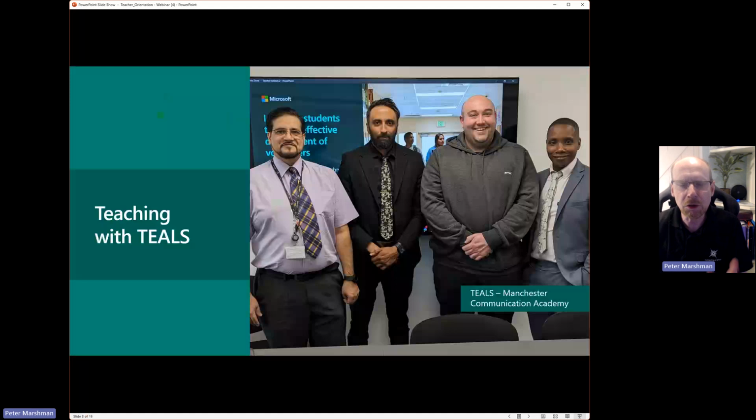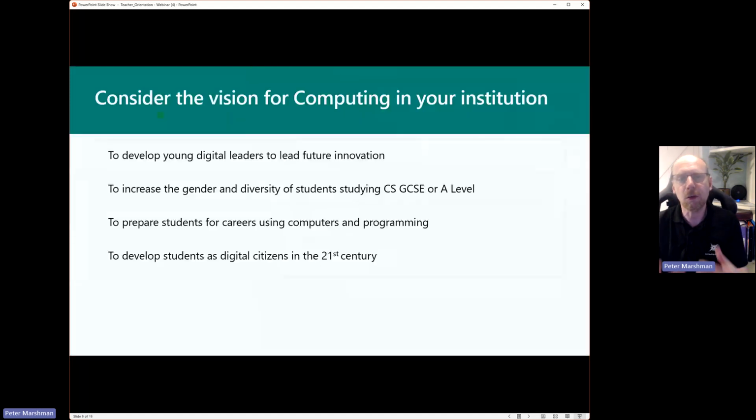And the reason I've shared this with you is they have had an amazing vision for computing in their school, looking at individual classes, individual teacher professional development, and using the TEALS program to support both of those things. So to add that capacity, but at the same time, add that additional value to the staff in the school, both specialists and non-specialists. So this all comes back to your vision for computing.